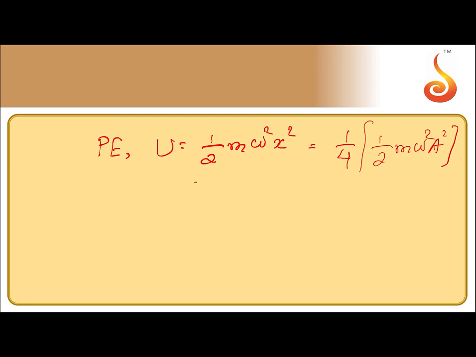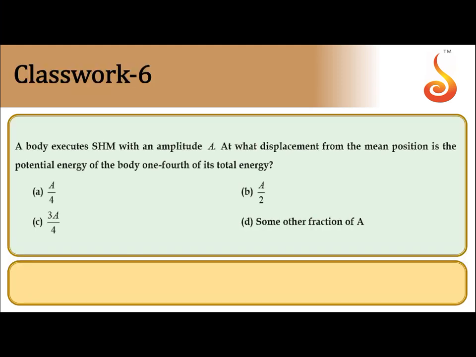So if I consider these two equations, half m omega square cancels, leaving x square is equal to 1/4 a square, or x is equal to a divided by 2, which means the position at which the potential energy is 1/4 of the total energy is a by 2, not a, this is a by 2. B is our correct choice.